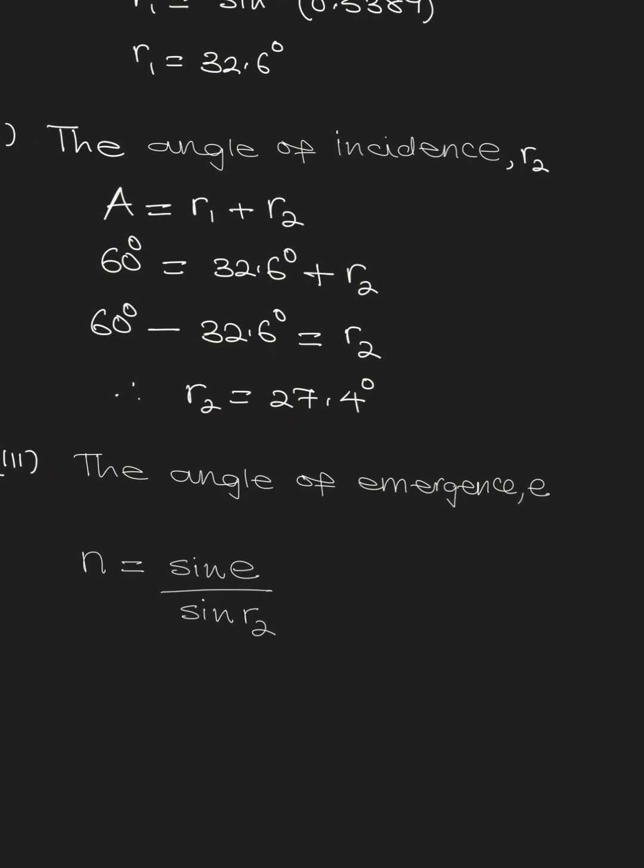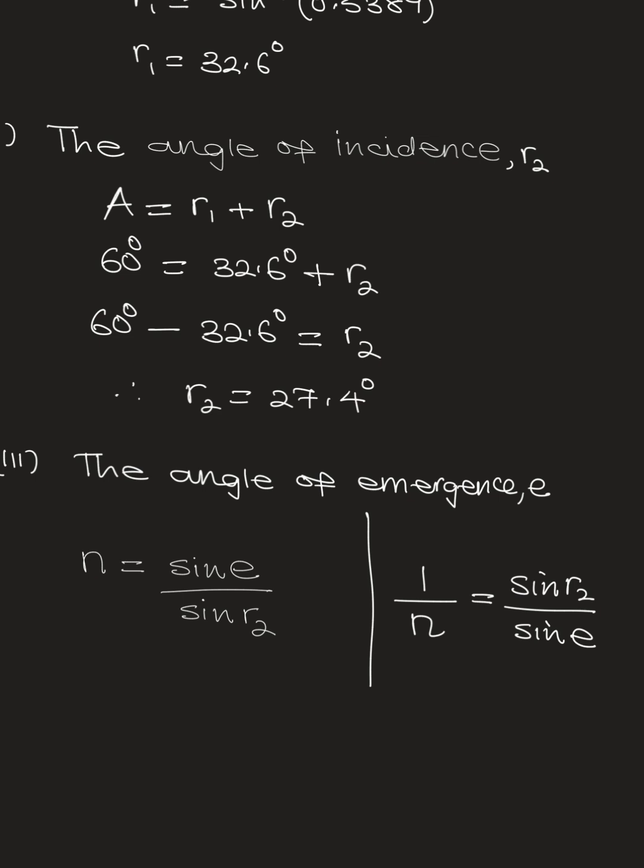You can also use the inverse formula, that is 1 over the refractive index is equal to sine R2 divided by sine E. That is, if you are considering the movement of the ray of light from the glass to the air, then you can use this.